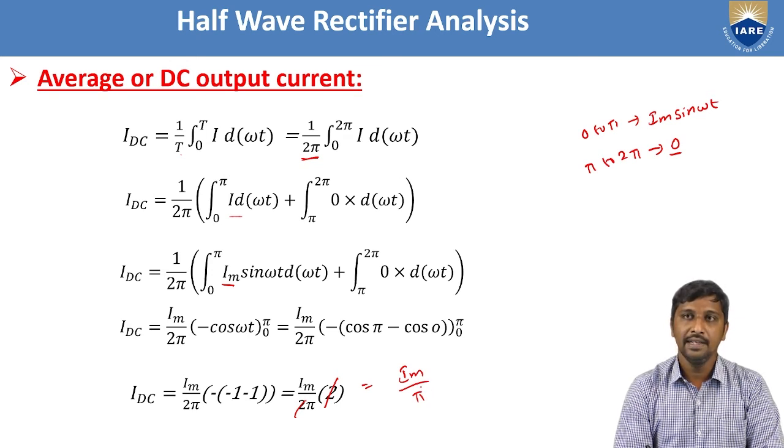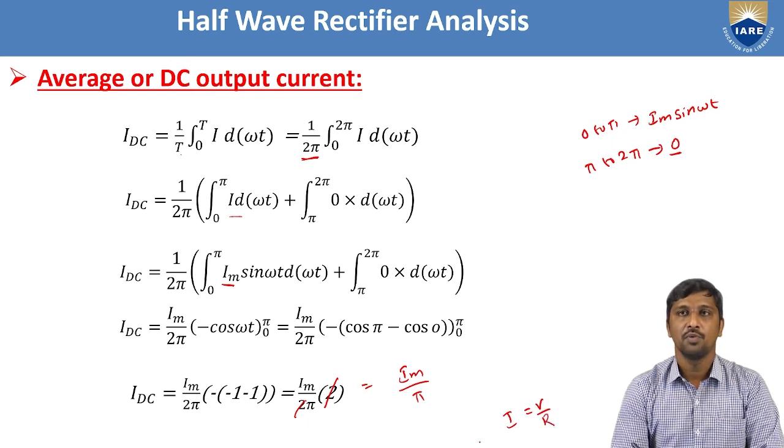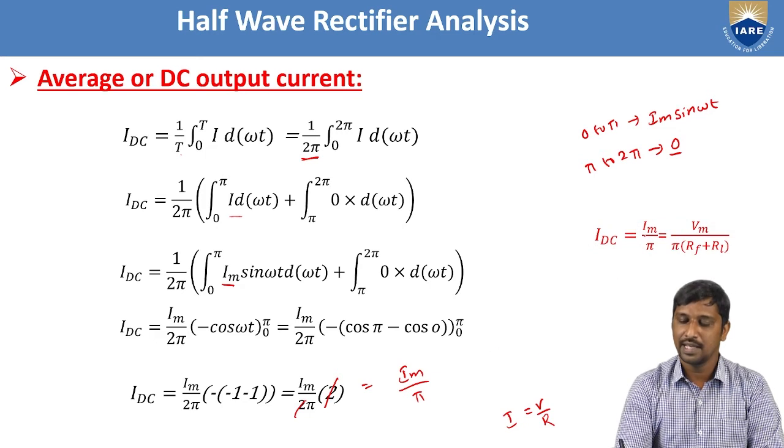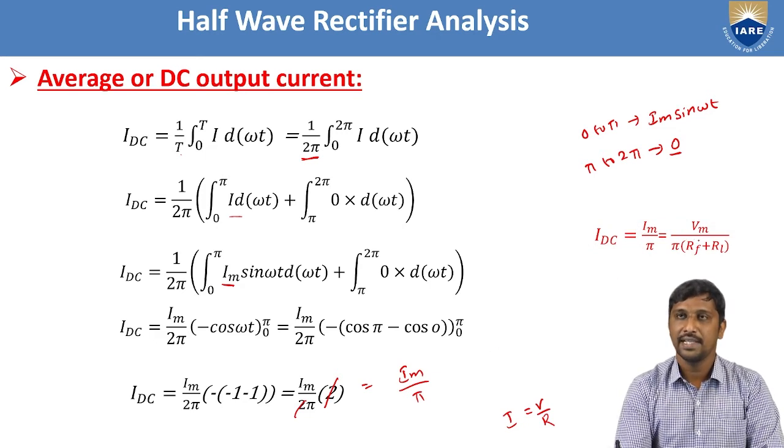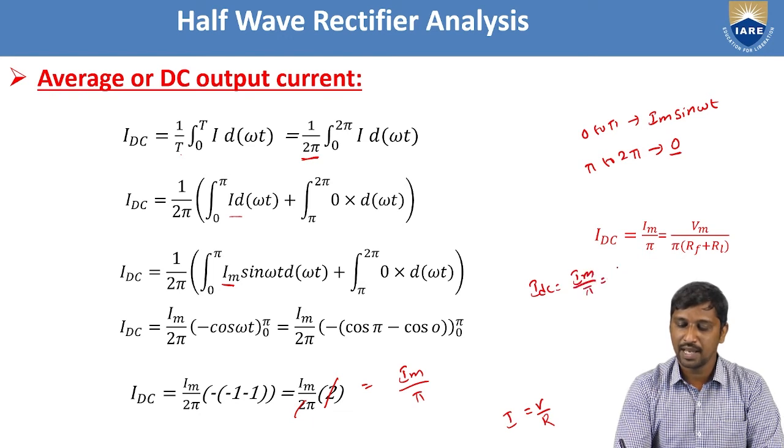If you want to write this in terms of voltage, how to write it? According to Ohm's law, I is defined as the ratio of voltage to resistance. So, I am going to replace this I in terms of voltage and resistance, Vm by R. So IDC is equal to Im by pi, and Im I am going to write as Vm by pi into R, where R, from the circuit, is the sum of two resistances.